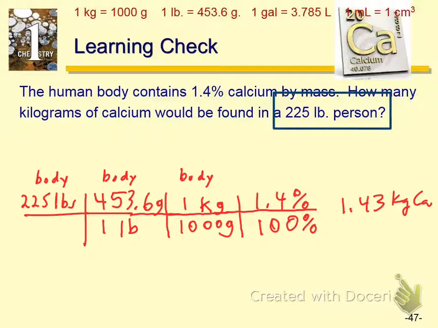The percentages would cancel out, and so you'd have 1.43 kilograms of body, which is not right, so we need to get the right units in here. Everything we write, top and bottom, has to equal each other. Does 1.4% equal 100%?